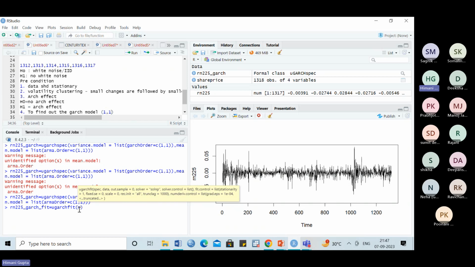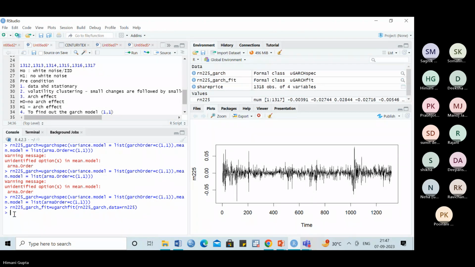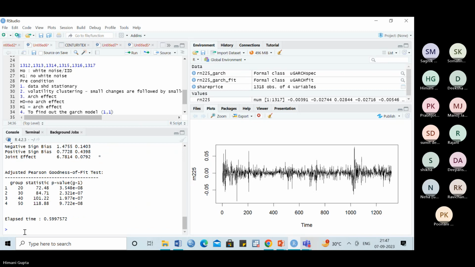So using this model, just create it. ugarchfit, comma, data is equals to Rn2to5. Now just write Rn2to5 underscore garch fit. It will give you the result.